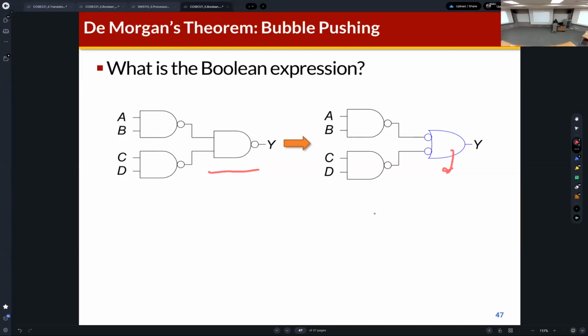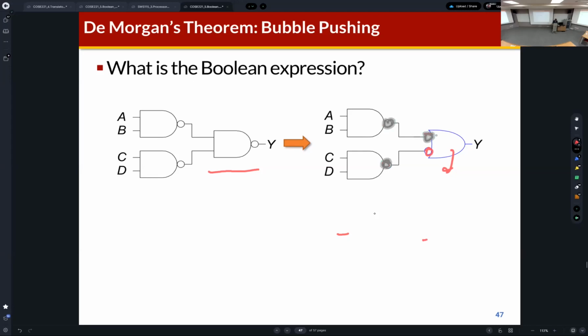There is a bubble here and a bubble here. Inversion of inversion is the same. Because two bubbles meet each other on the wire, the bubbles disappear.